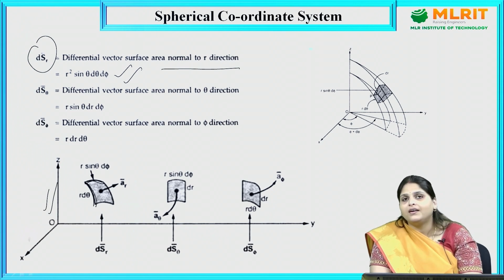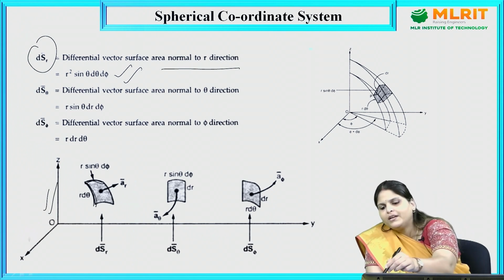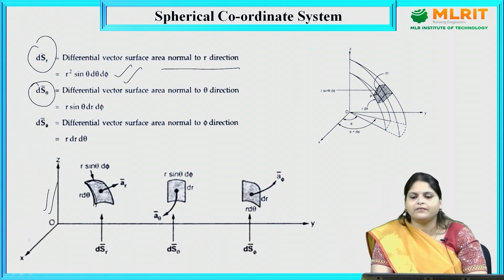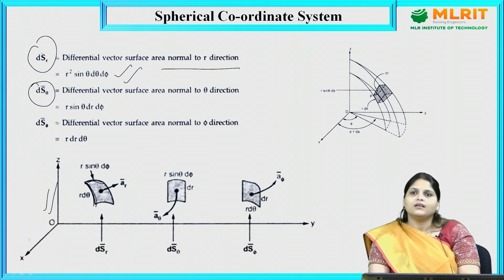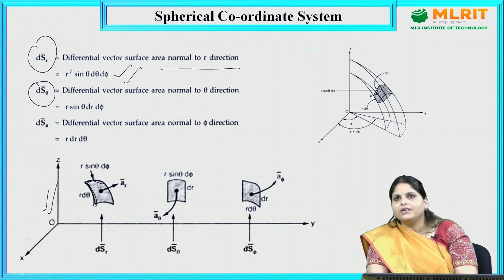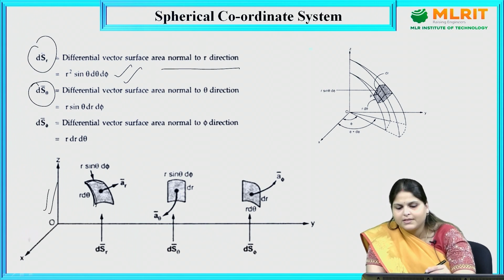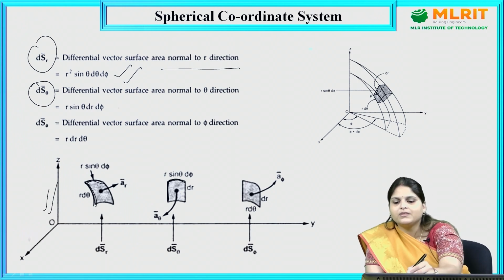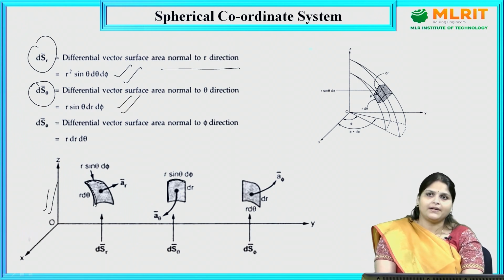to r direction. If we want to find out dS theta, the differential vector surface area normal to the theta direction, we need dr for this and r sin theta d phi for this. So it becomes r sin theta dr d phi.